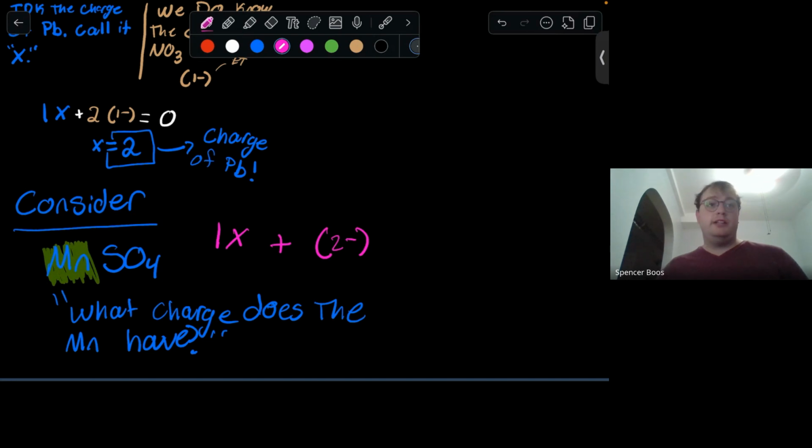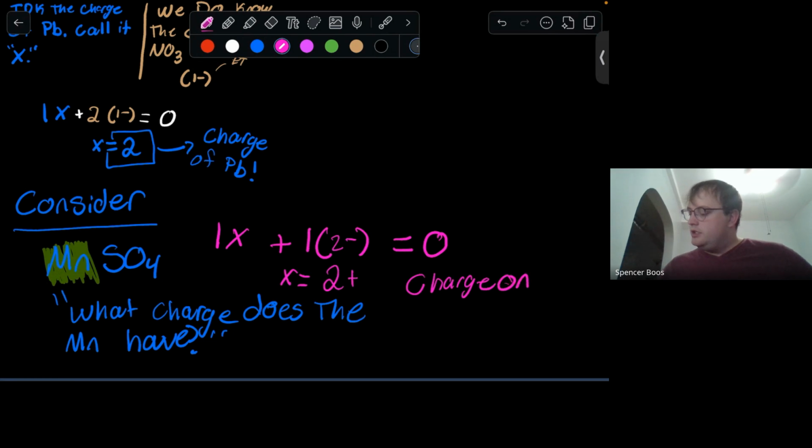And now how many sulfates do I have? 1. All equals 0. So that means X is equal to 2 plus, where the charge on Mn is 2 plus.